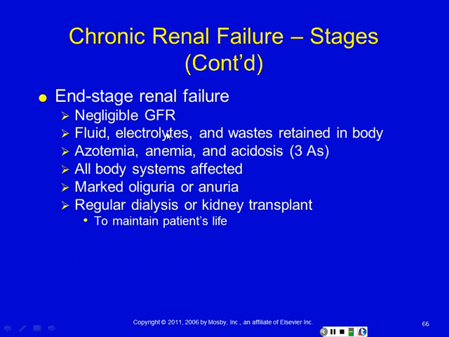And then when you get to the end stage, this is where the kidney is just not working. In that middle stage, it's working, but it's not working well. So you get a very low GFR, not enough GFR to manage electrolytes, wastes, or fluids. So you get azotemia, this is high blood urea. Anemia and acidosis are the 3 A's of end-stage renal failure.